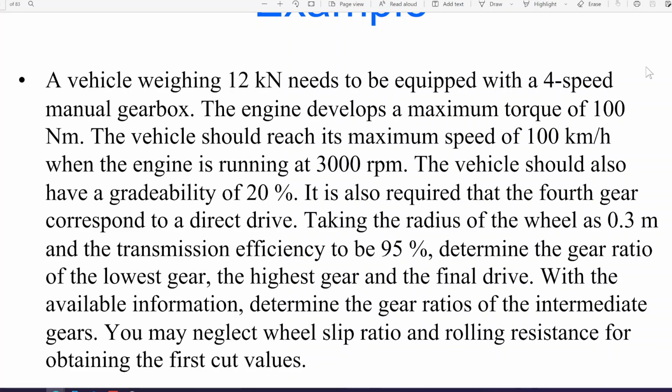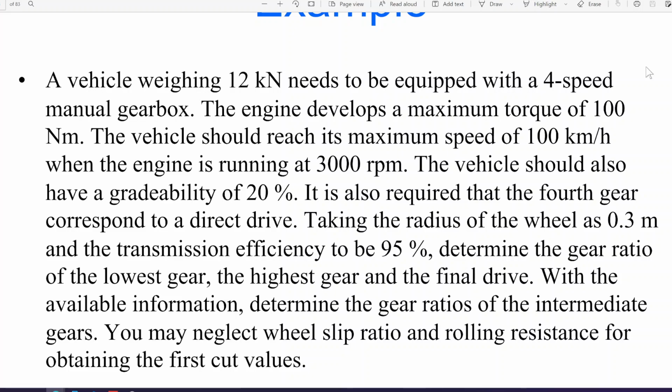What does direct drive mean? It means that the engine is directly connected to the wheels without any kind of gear reduction or upping in between. That is, the RPM of the engine would end up being the RPM of the drive shaft.